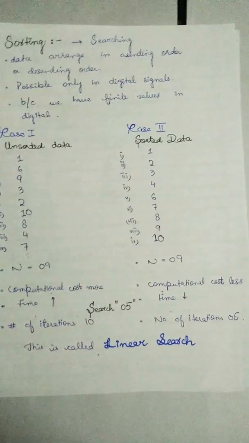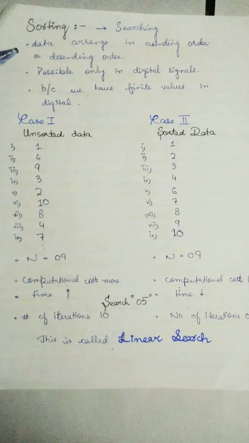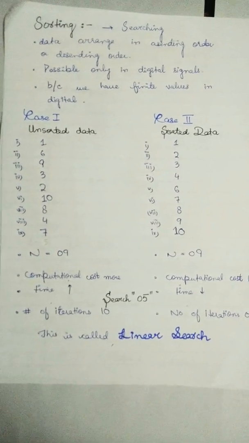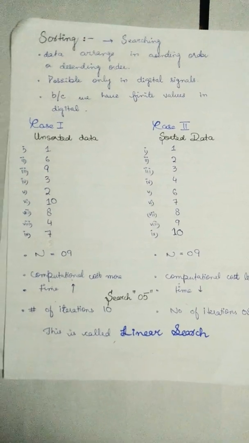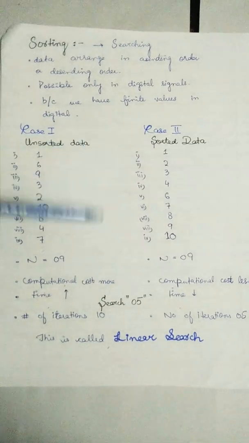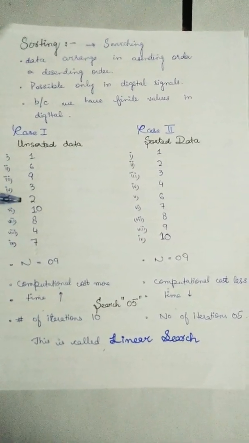Another technique of DSP is sorting, that is, searching. Data is arranged in ascending or descending order. It is possible only in digital signals because we have finite values in digital. We have two cases, sorted data and unsorted data. In the unsorted data, we want to search for the number 5.